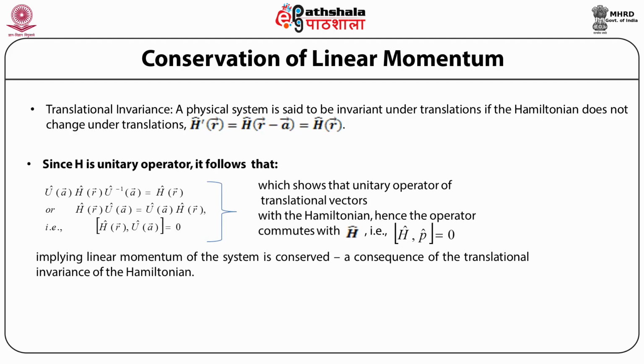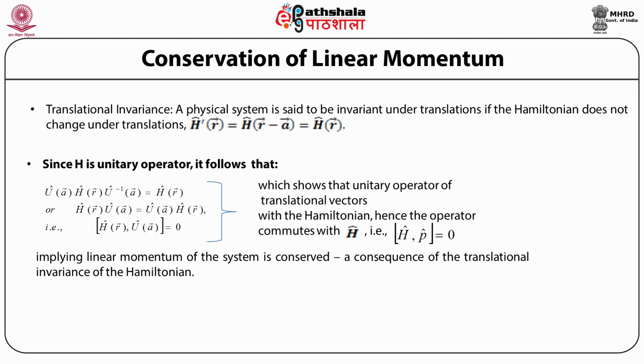That means that the Hamiltonian operator remains invariant under such a translation. Now, since the Hamiltonian operator H is a unitary operator, we can show that the translation operator acting on the Hamiltonian operator yields the Hamiltonian operator only. That is, the translation operator U as a function of position vector a, the Hamiltonian operator H as a function of position vector r, and the translation operator U inverse as a function of position vector a is equal to the Hamiltonian operator H as a function of position vector r.